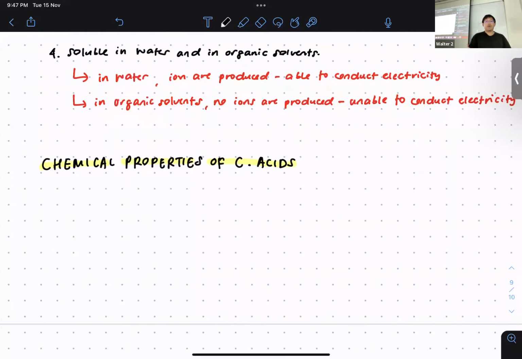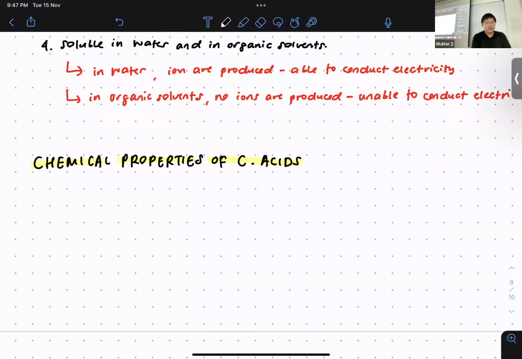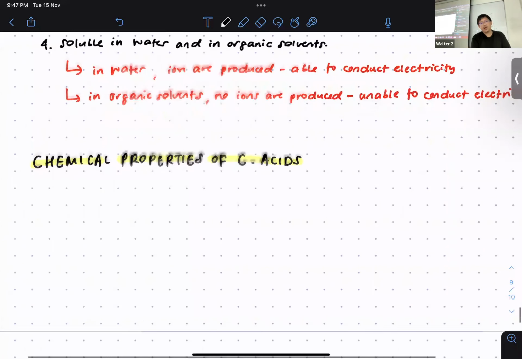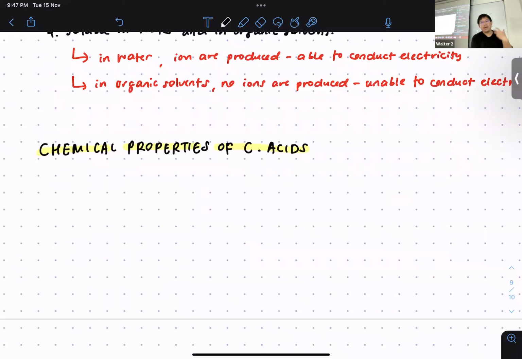Most of the time, students get very confused. They wonder what kind of chemical properties carboxylic acids have, and they keep thinking and cannot get it. But actually, they learned this before already. Carboxylic acids are acids, just like sulfuric acid, nitric acid and hydrochloric acid. They have the same chemical properties as normal mineral acids. So the chemical properties of carboxylic acids are the same as those of normal acids.